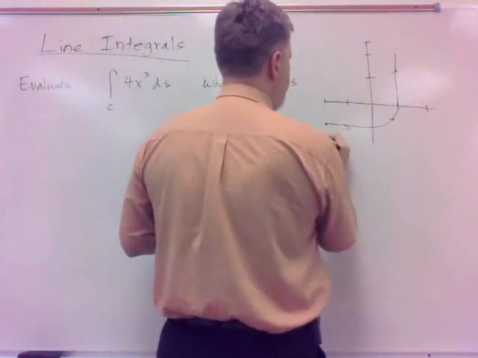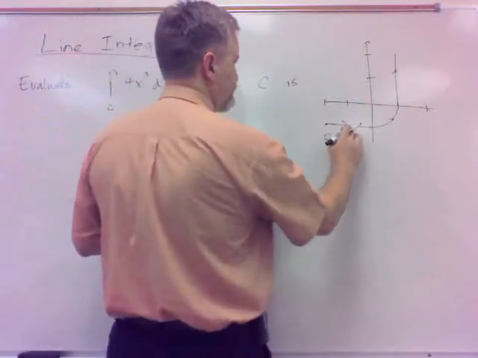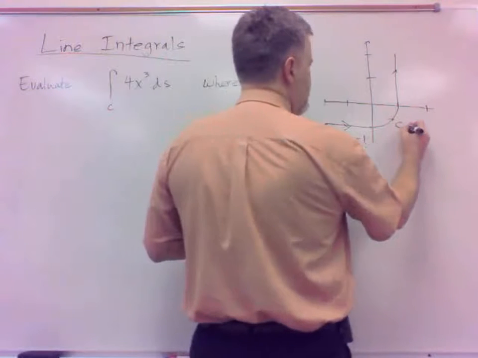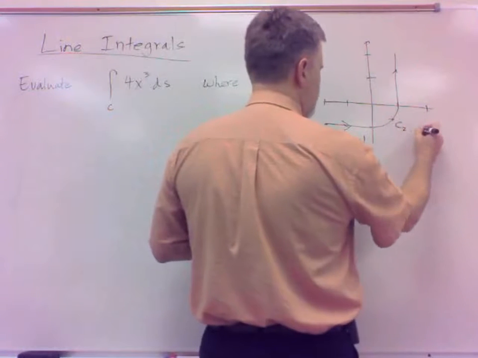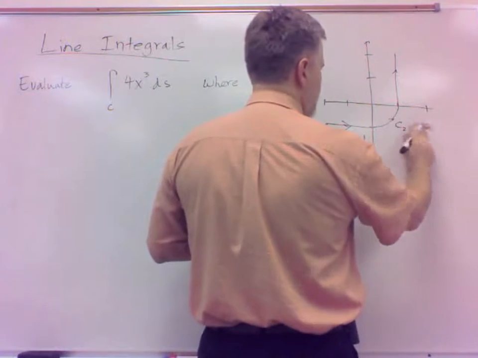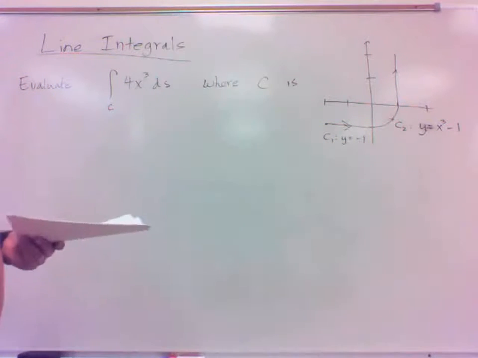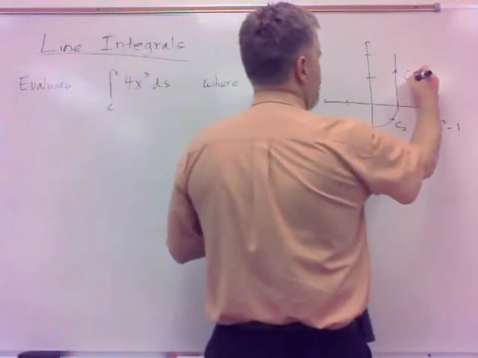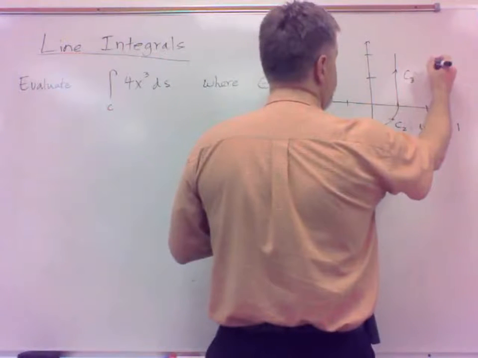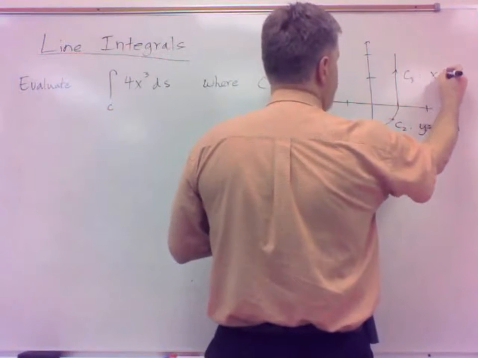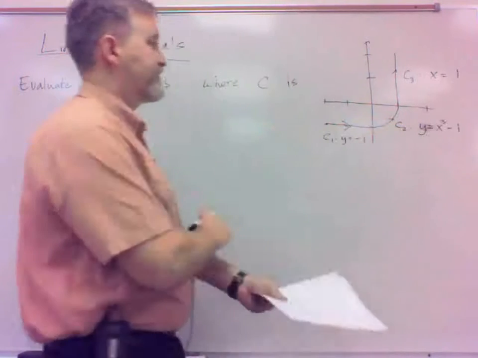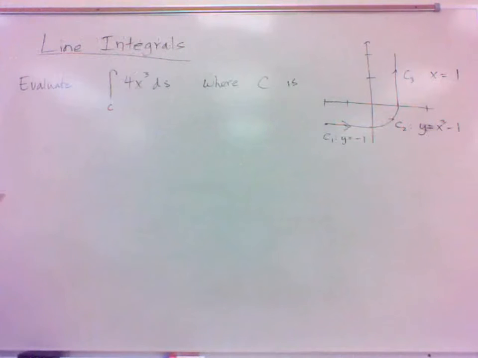All right, C1 is just y = -1. C2, there's lots we could do there, but let's call it y = x cubed minus 1. And then, of course, C3 is just a vertical line, so that's x equals a number, in this case, x equals 1.